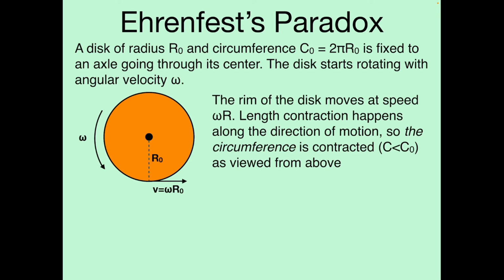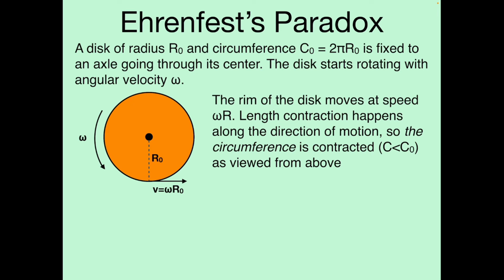Okay, well, one thing we should notice is that the outer rim of the disk is moving at a linear speed, which is equal to omega times r0. You may remember this from physics 45. If we have an angular speed omega, the linear speed in meters per second is given by that omega times the radius. So if we want to know how many meters per second the outer rim of the disk is moving through, that would just be omega times r0.